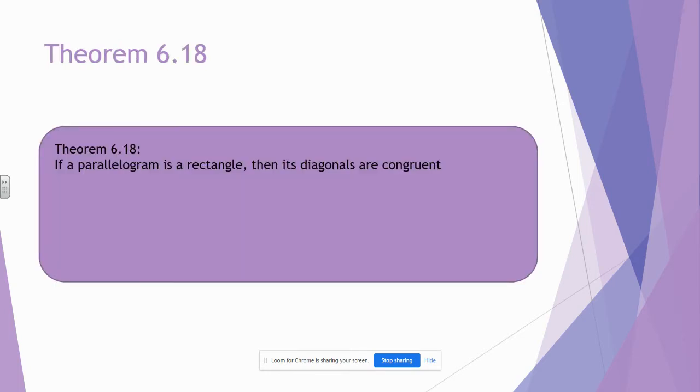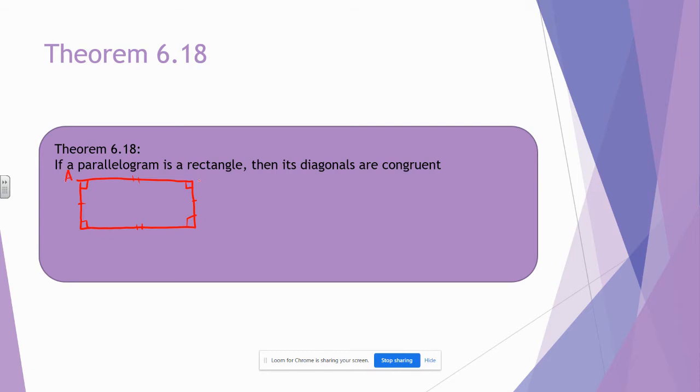Now we're going to be moving into rectangles. We have another theorem. We had 16 and 17 yesterday. Today we have theorem 6.18. We are told if a parallelogram is a rectangle, then its diagonals are congruent. So remember, if we have a rectangle here, we have 4 right angles. And then we have the opposite sides are congruent and parallel.